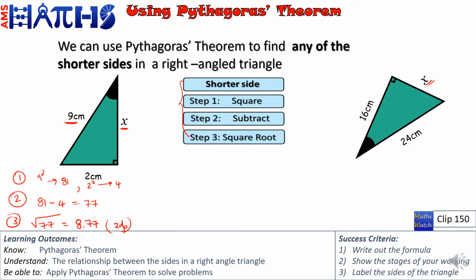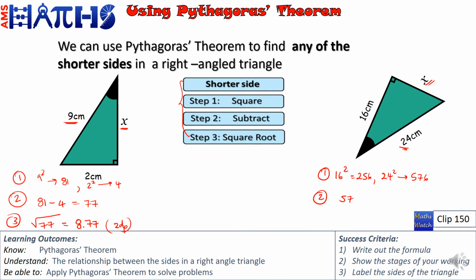Next example, we have a short side because our hypotenuse is 24, so we know we need to find out the length of the shorter side. So then, step 1, we square 16, and that is going to give us 256. We need to square 24 as well. 24 squared is going to give us 576. And then step 2 is to subtract them.